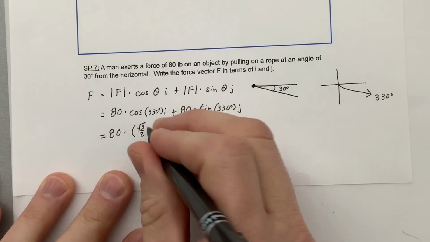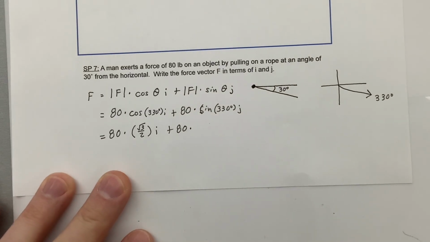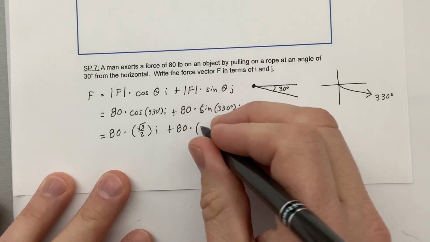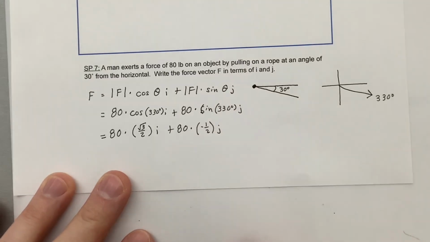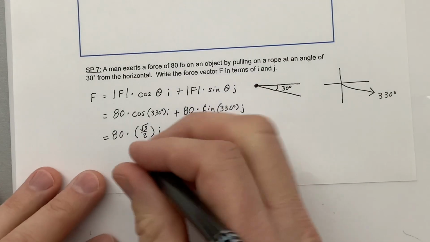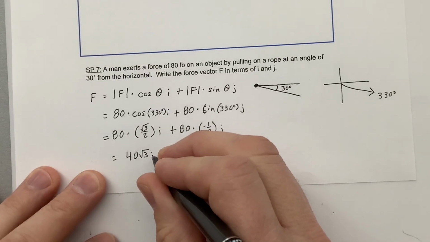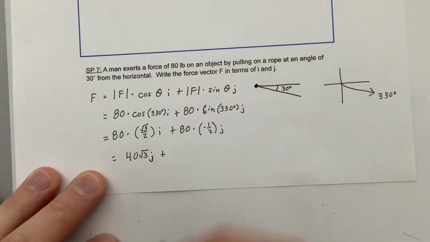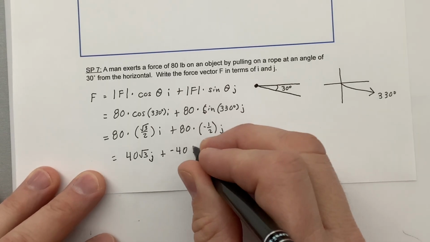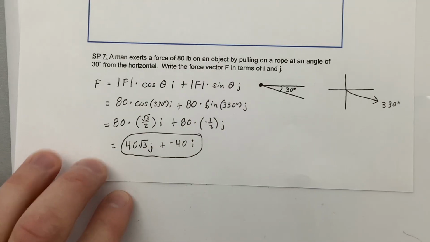And then 80 times the sine of 330, y value there. I think it's negative 1/2, right? And now just simplify your i and your j. And I should have just written negative 40. So if you want to write negative 40, you can. Obviously, same difference, but there we go.